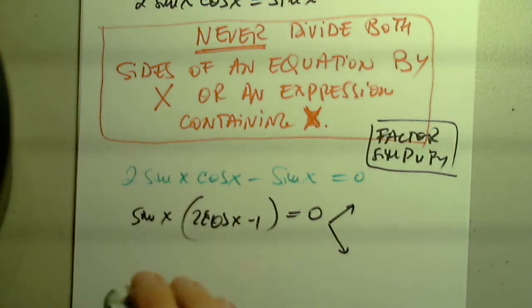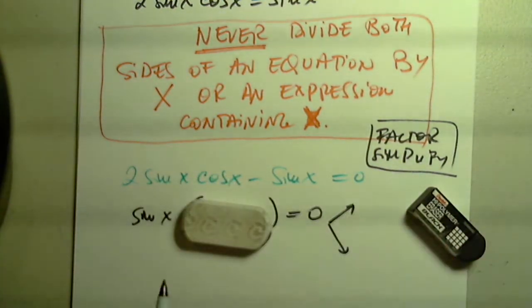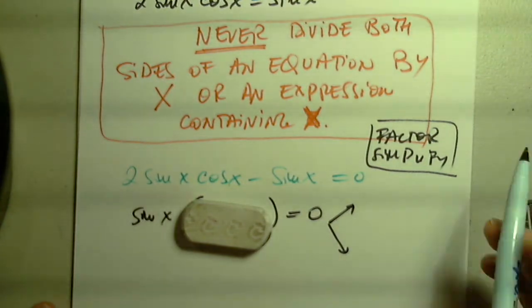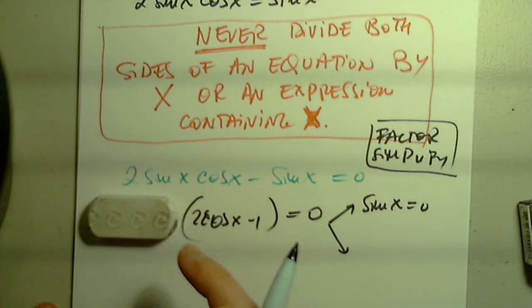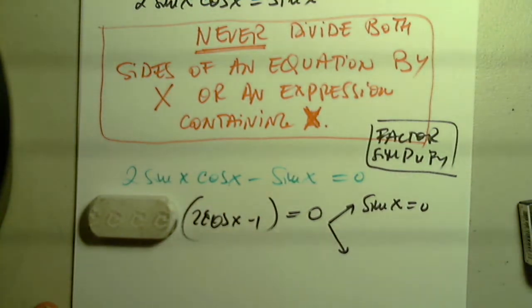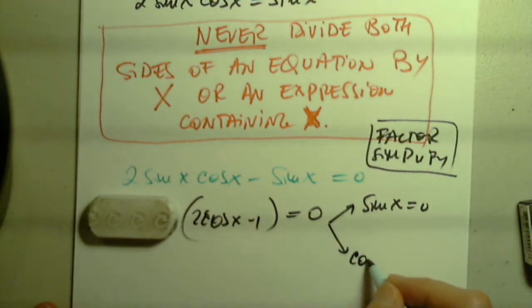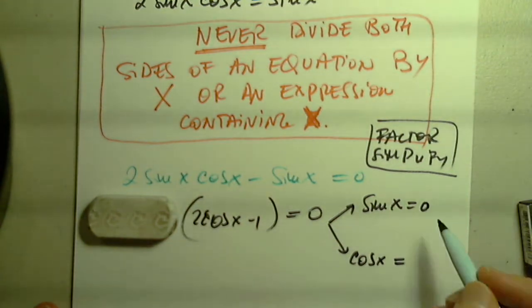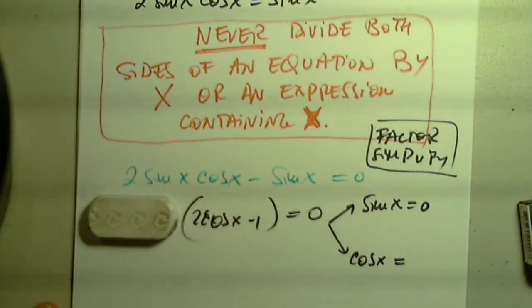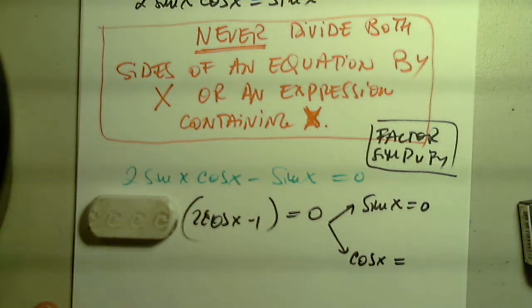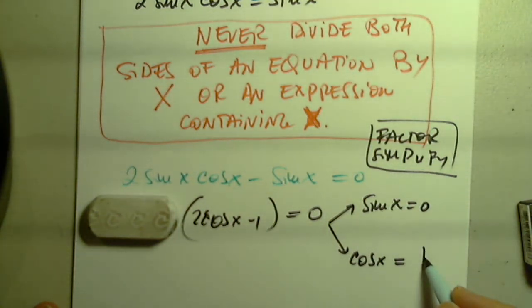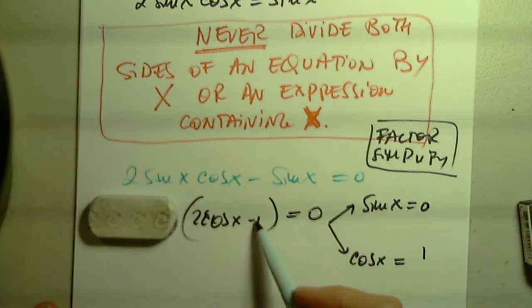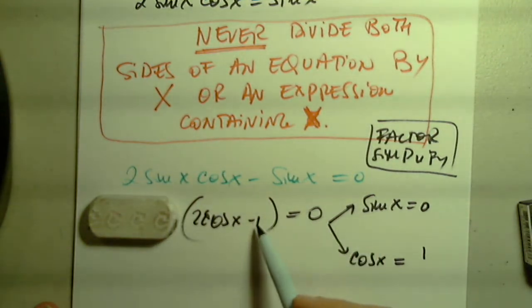So then there are two possibilities. Either sine x is 0, and what is the other option? Cosine of x equals 1/2.